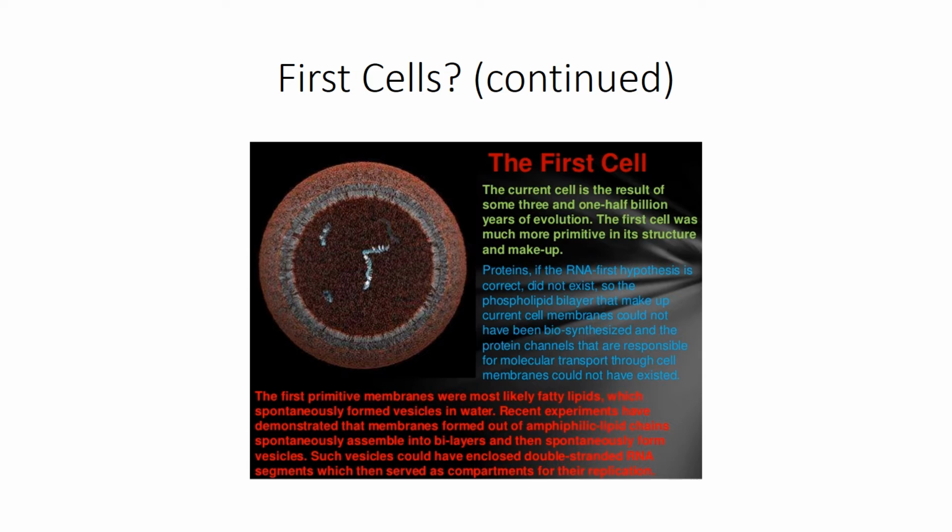Now, the first cell, this shows you a cell rather, that has a membrane and some kind of soup in it, cytoplasm, with self-replicating RNAs.